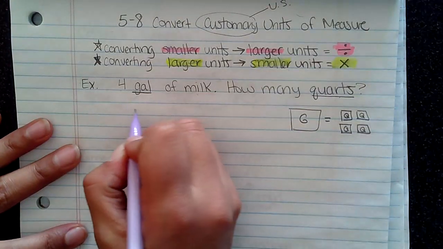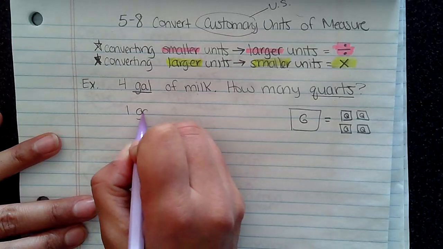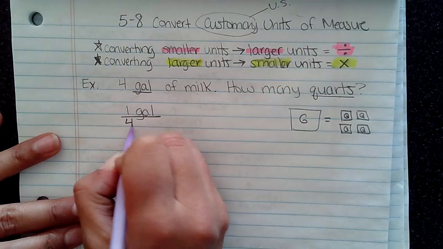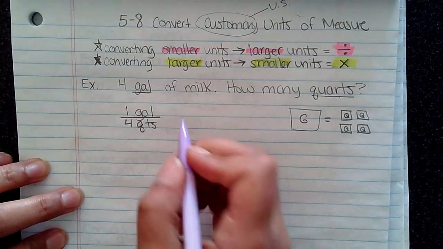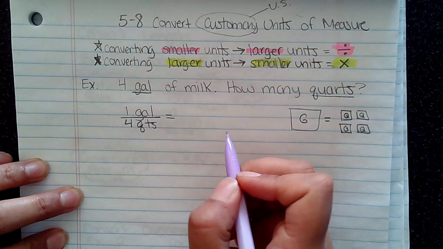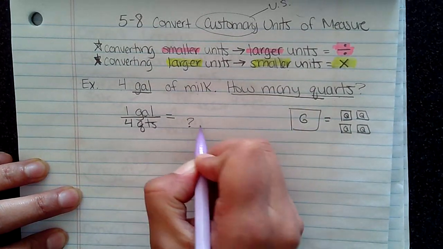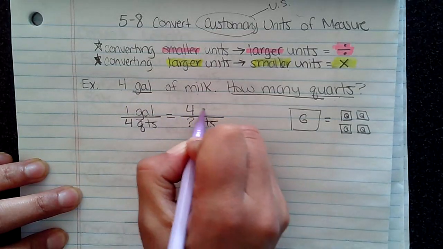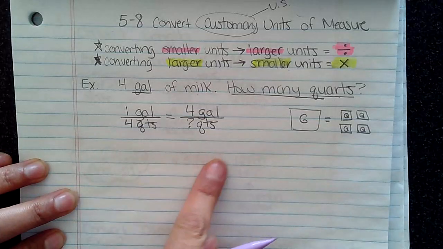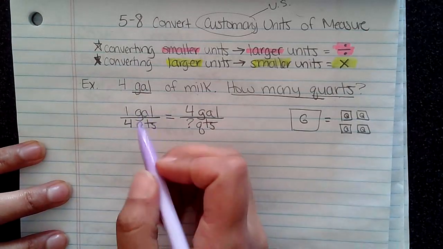Okay. So I know that 1 gallon is 4 quarts. And I'm writing it as a rate. 1 gallon equals 4 quarts. Okay, well, if I want to know how many quarts is 4 gallons, I do the same thing that you guys have been learning about, which is making equivalent rates.